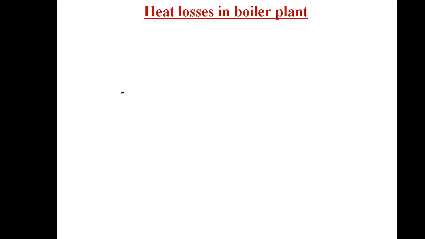Coming to the losses in the boiler plant, heat is produced by combustion of fuel in the furnace or combustion chamber of a boiler, and this heat is utilized for various purposes.